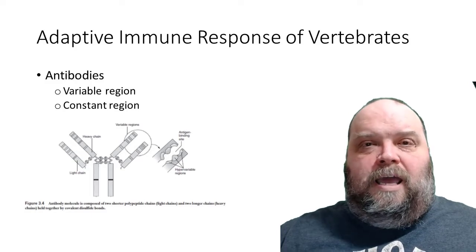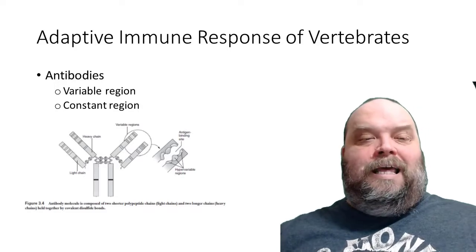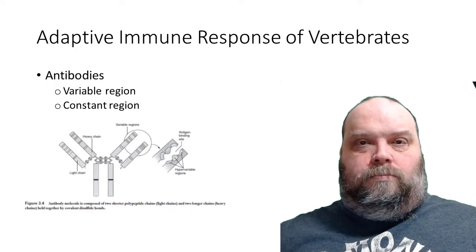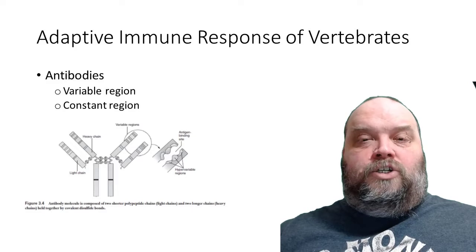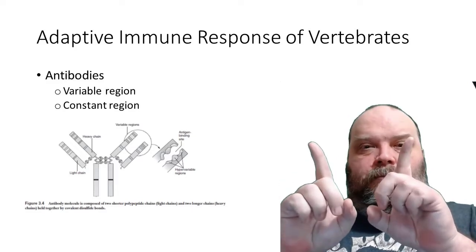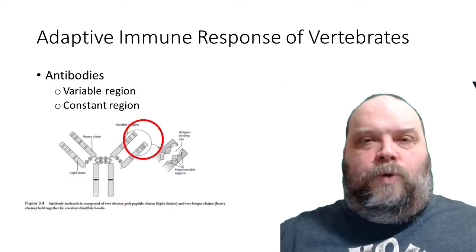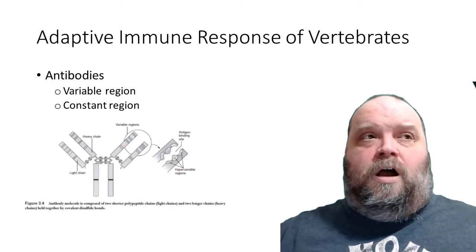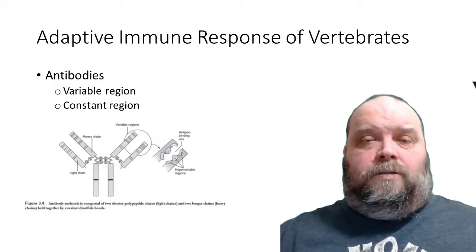When you look at the antibodies, you'll notice that the base structure you'll see for all antibodies is this quasi-Y shape. At the ends of the Y there will be what is called variable regions. The amino acids that make up those variable regions are going to, well, as the name says, be highly variable.